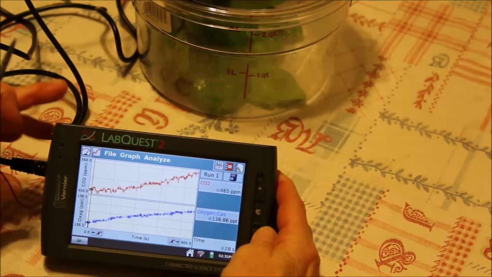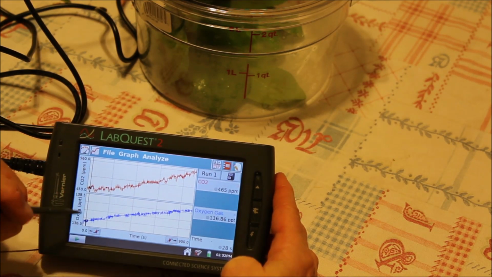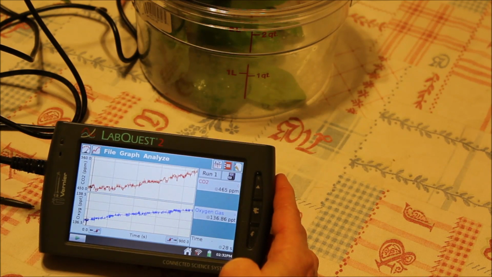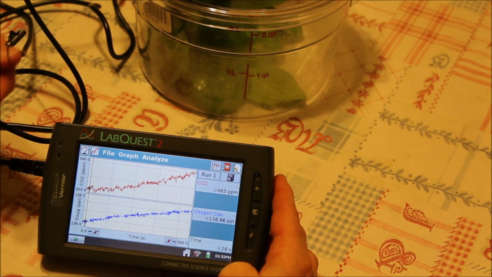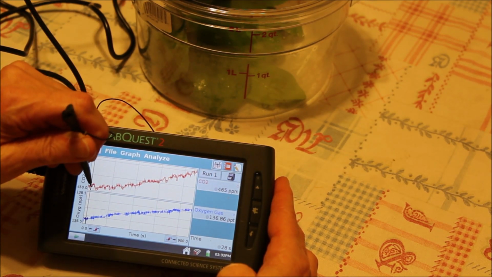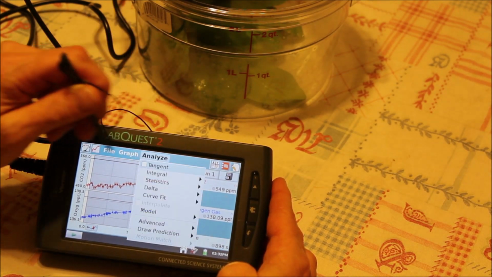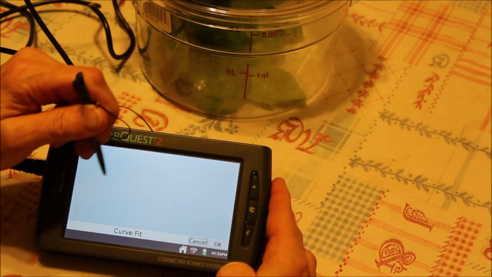Hopefully you will pay attention and just ignore the oxygen now, because I have no idea why it's like that. Probably the sensor has some defects, but definitely for the carbon dioxide in the dark, I just pull it up here and I will analyze the curve fit for the carbon dioxide.